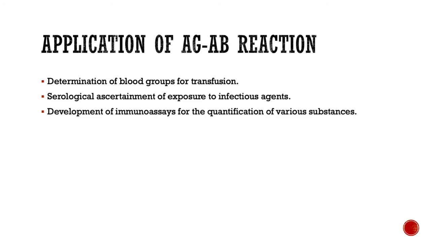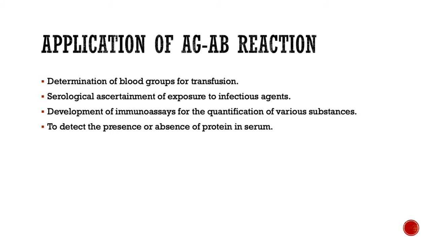Development of immunoassays for the quantification of various substances. You can use immunoassays like enzyme linked immunosorbent assay or radioimmunoassay to quantify various substances and to detect the presence or absence of protein in serum, because antigen and antibody are both proteins by nature.